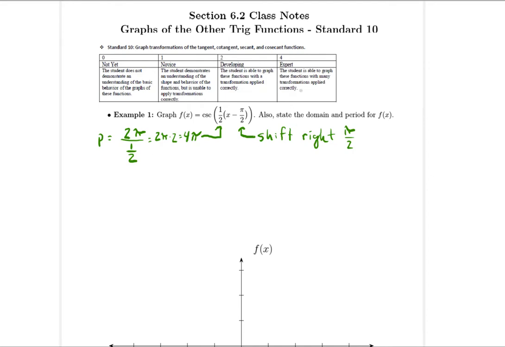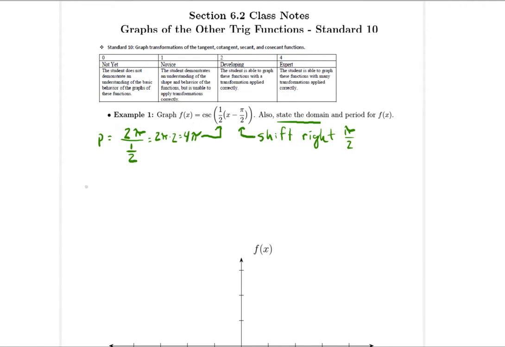The other thing that we're being asked to do, though, is to also state the domain of this function. And so remember that cosecant is 1 over the sine. So it is going to be undefined anytime the sine is 0.